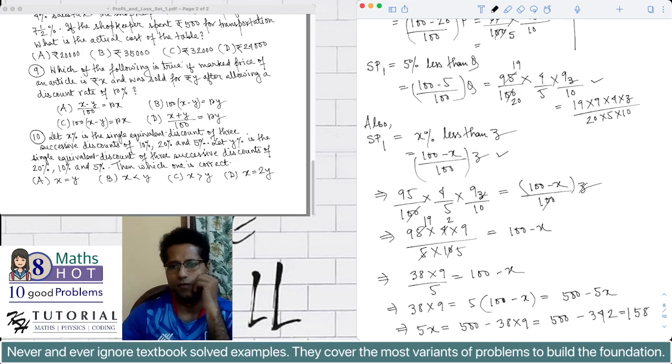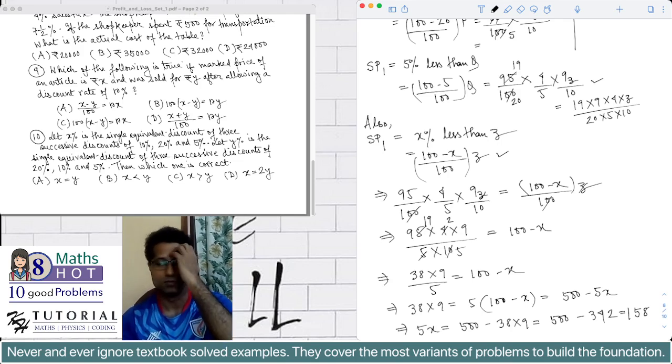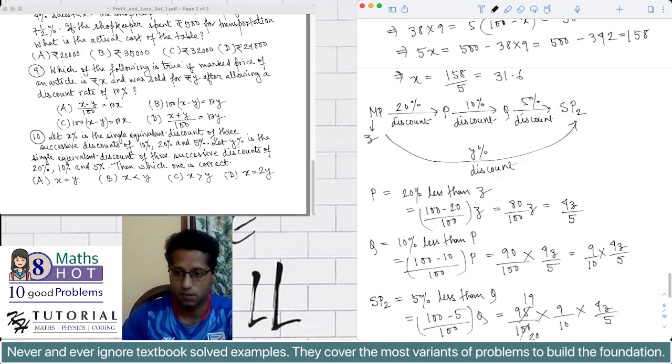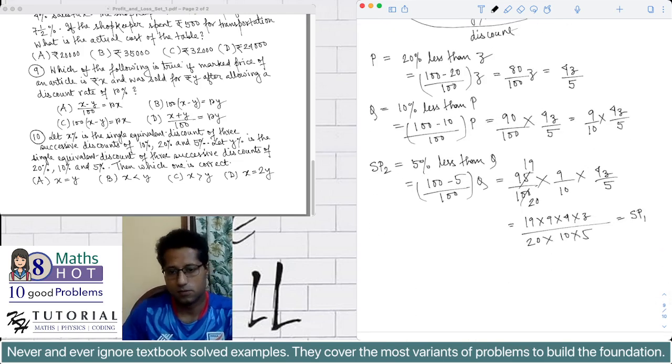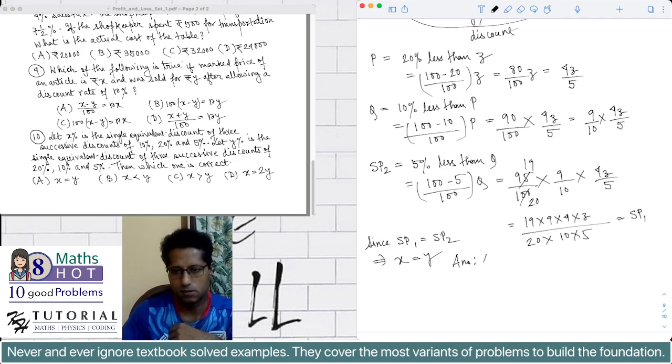So obviously the value of y will also be calculated based on Z and SP2. And if SP1 is equal to SP2, then definitely x will be equal to y. Therefore, the correct choice is A.